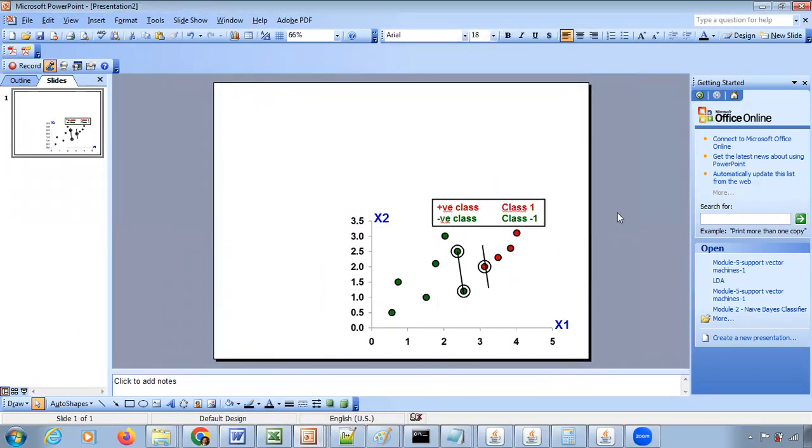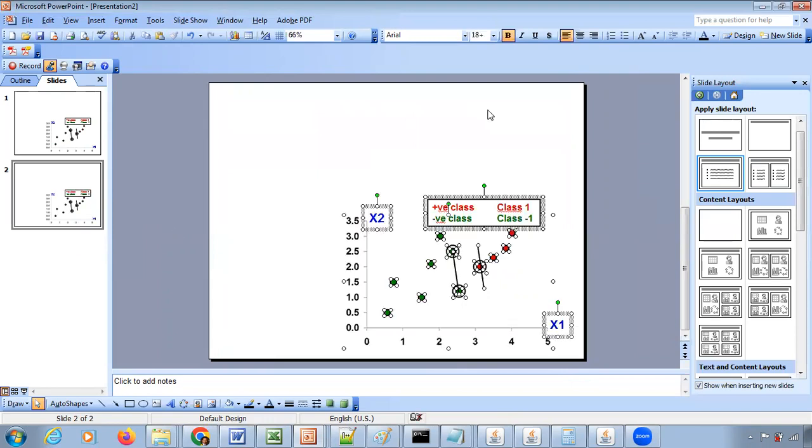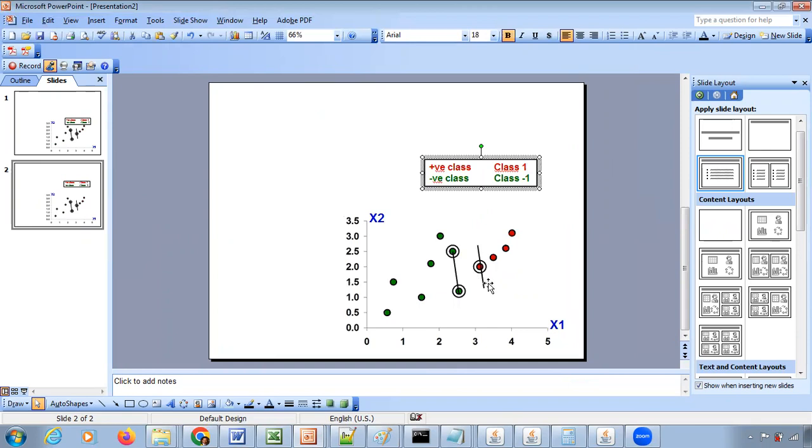All right. So this is one support margin that I chose. Now we could connect, so for example, let us see.